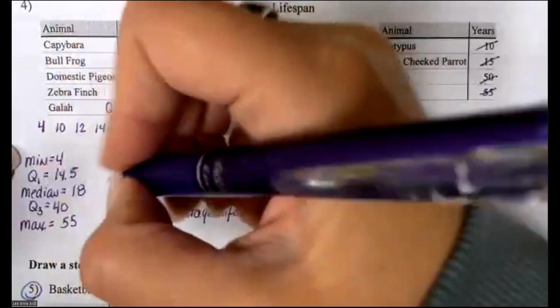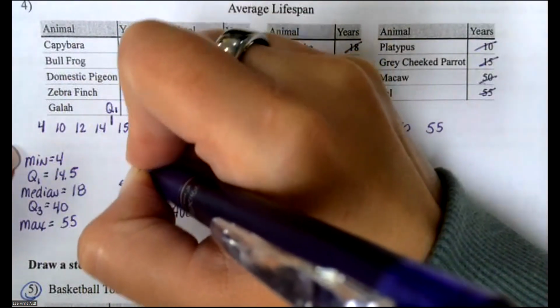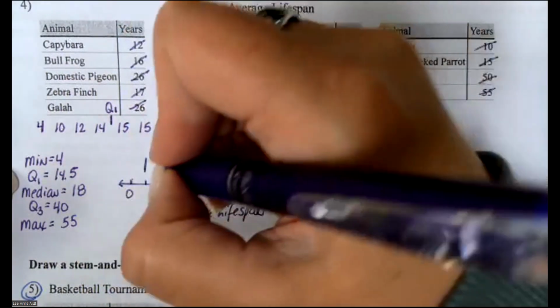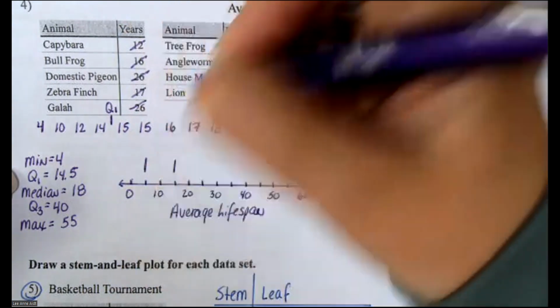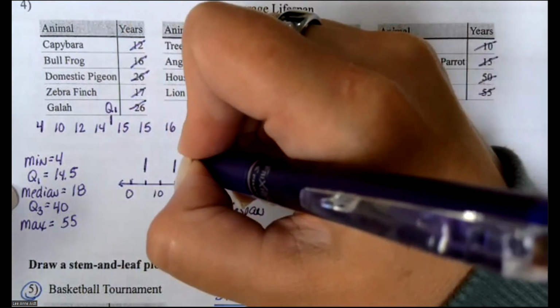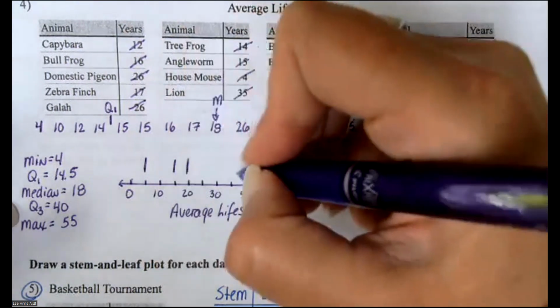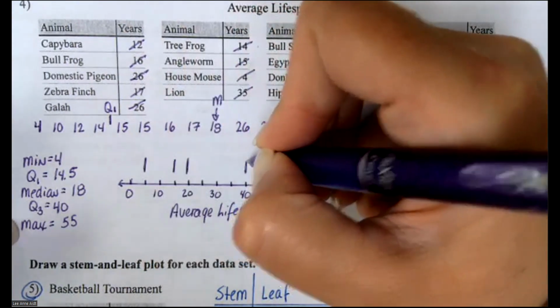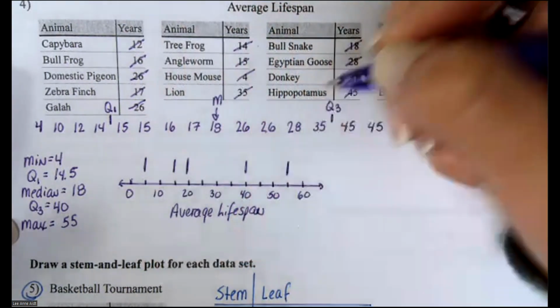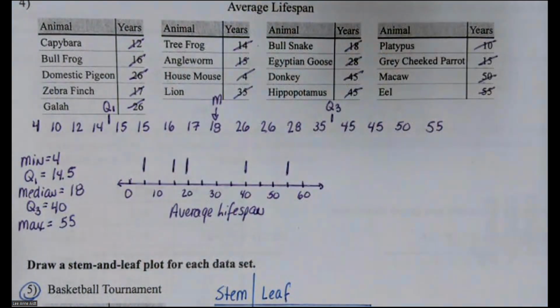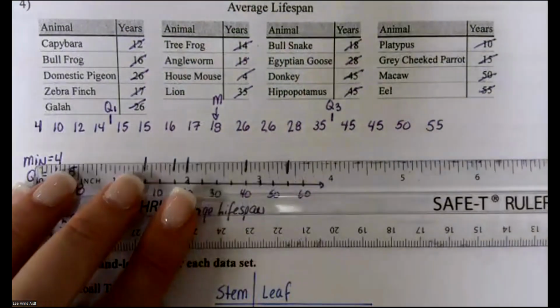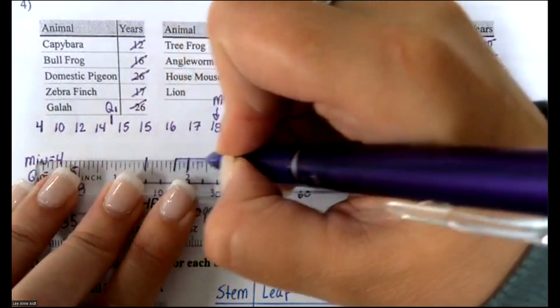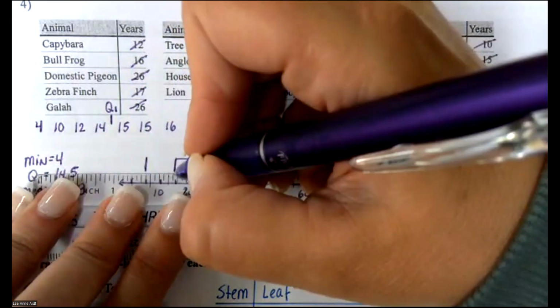All right, so my minimum is at 4. Q1 is 14.5. Median is 18. Q3 is 40. Max is 55. Are we getting faster at this or just a better data set?